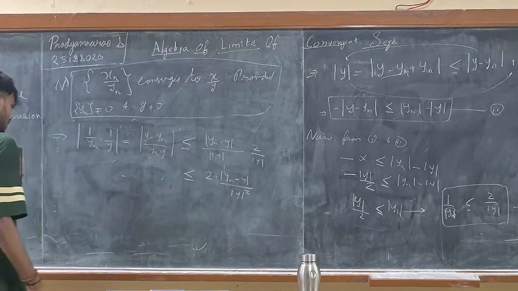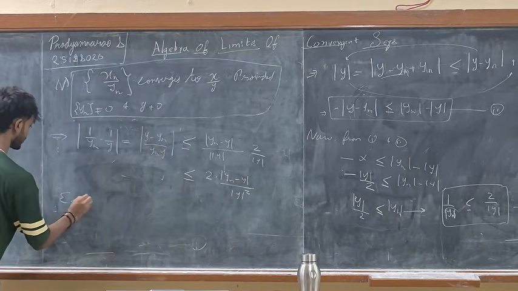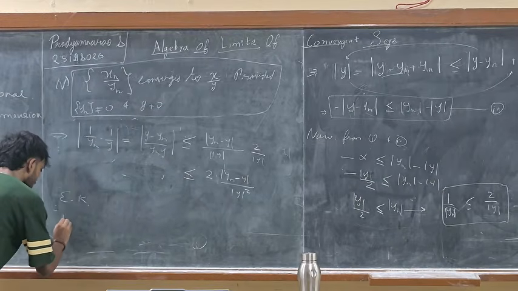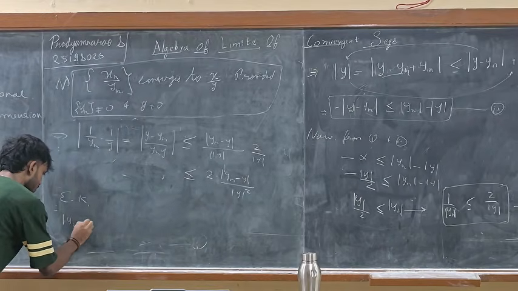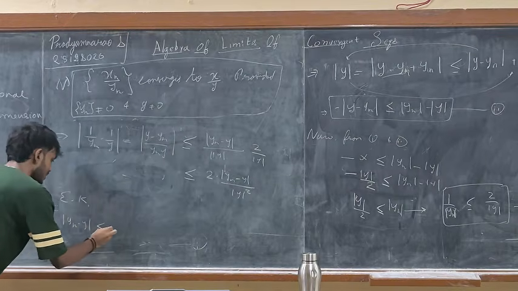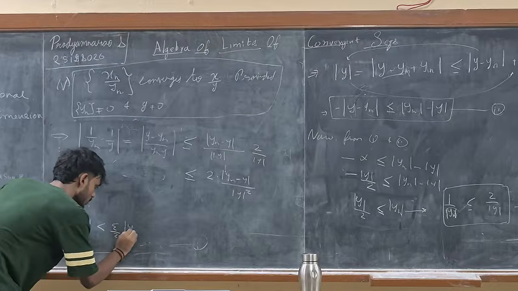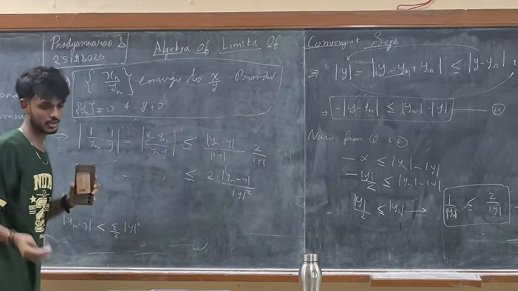Now let's use our epsilon-k definition, and let's say mod y_n minus y is less than or equal to epsilon by 2 into mod y squared.